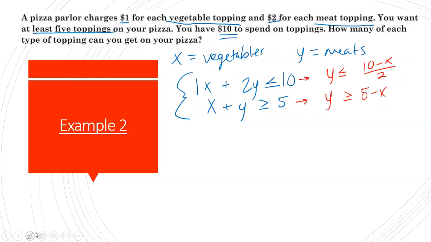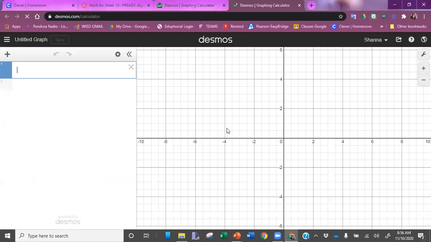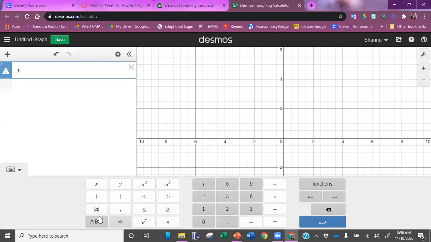So I'm going to graph. Here's my graph. I'm going to type Y, and we have is going to be less than or equal to. To get the fraction, you're going to use parentheses. So you're going to put the numerator in parentheses.